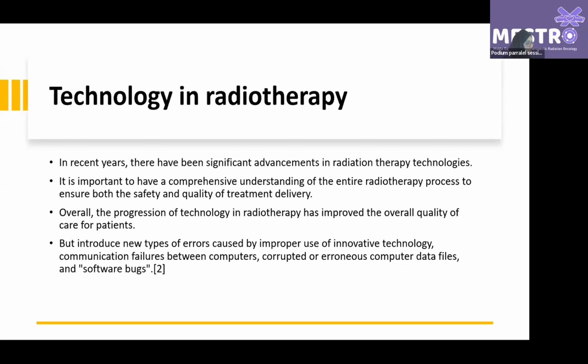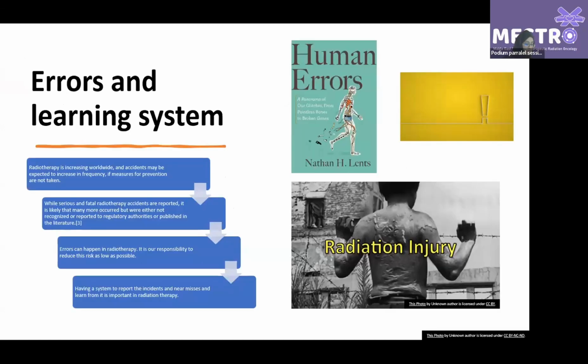And all of these technologies can introduce new errors. It has to do with the software. It can be either communication failure between computers or software bugs. So radiation therapy is increasing worldwide, and because of that, there are serious and fatal radiotherapy accidents.